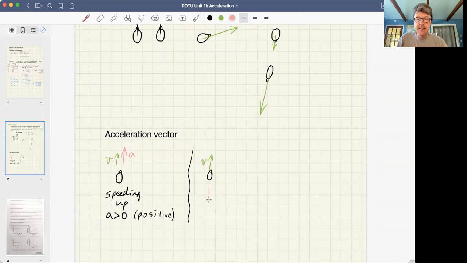If it's accelerating in the opposite direction as the velocity, then the object is slowing down. And so we also say in this situation, the acceleration is less than 0. And so the acceleration is negative.